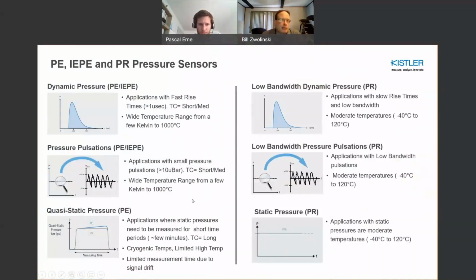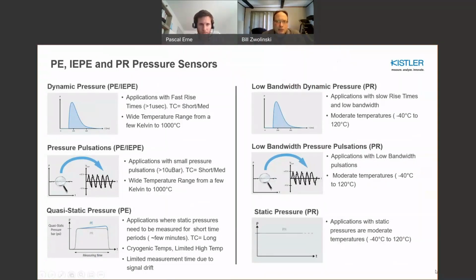With regard to piezoelectric solutions, I talked previously, dynamic pressure optimized as well as quasi-static pulsations, pressure pulsations, as well as dynamic, say, transient pressure events, are all very nicely measured by piezoelectric. Wave impacts, for example, would be a typical transient event that you would find that a pressure sensor might be used.